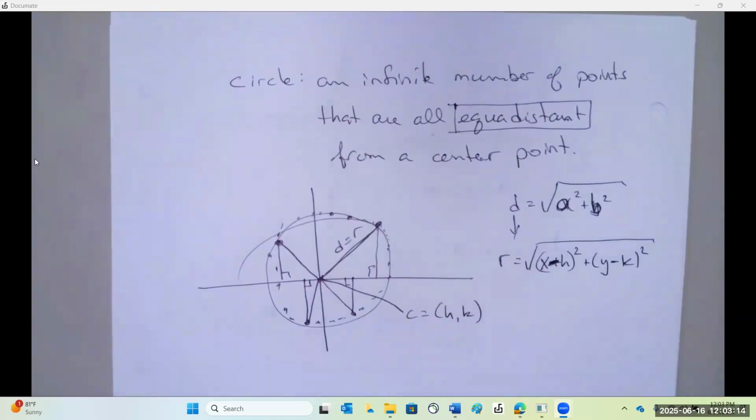If it's (0, 0), if it's the origin, then we have x squared plus y squared. But if it's any other point, then that's (h, k). Pretty interesting? Yes. What has always fascinated me is how we go from a distance formula, which defines a right triangle, to something that now defines a circle.